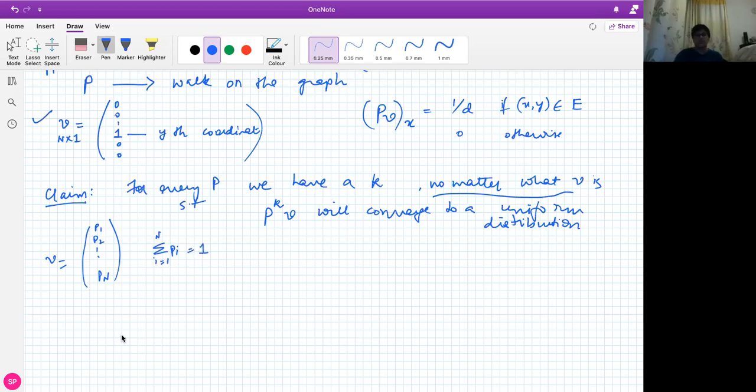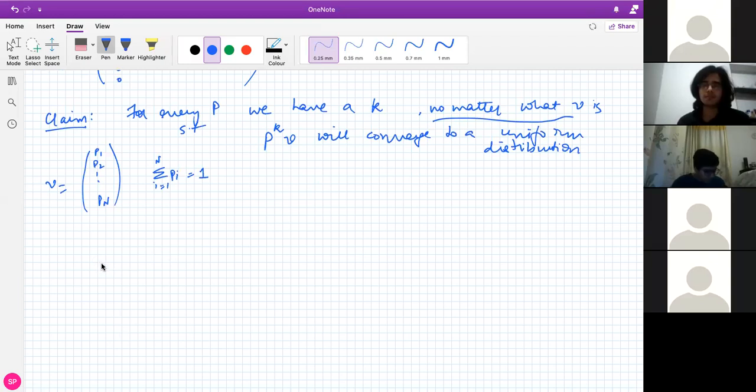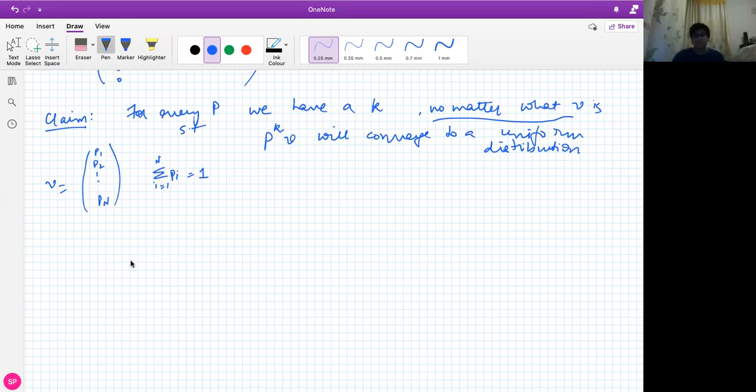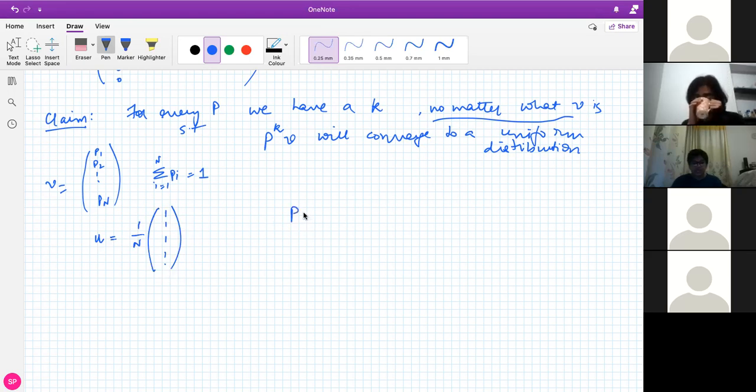Now let's see why. The first thing we're going to show is this. Look at this vector u, which has 1 by n in every element. Clearly, if you check, Pu would be u.